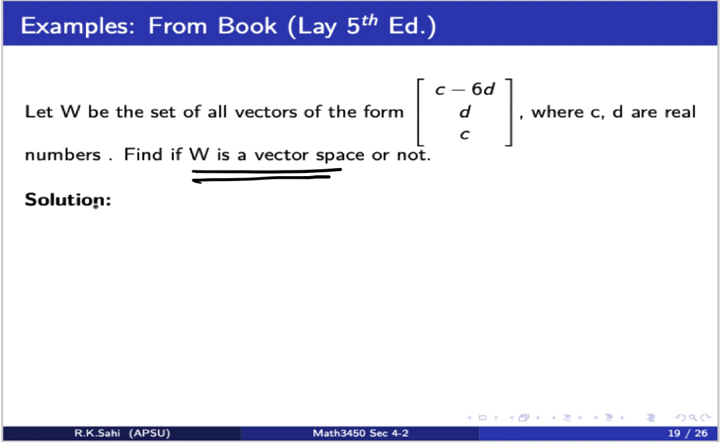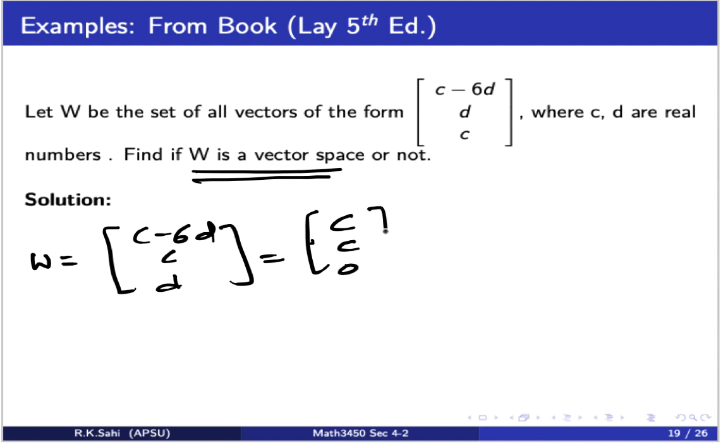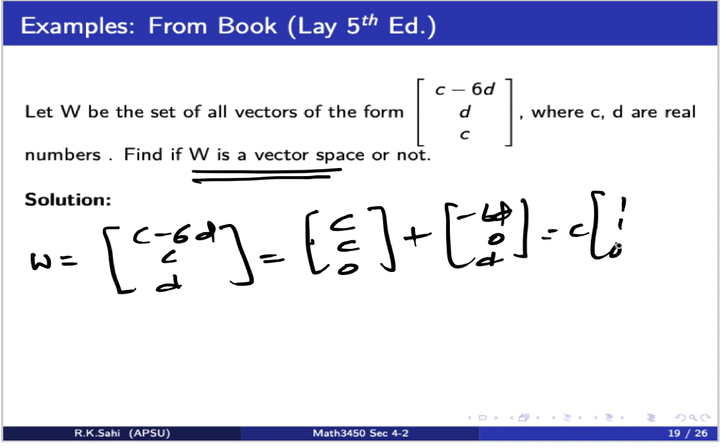Okay, so let's look at this C minus 6D. W has all elements of the form C minus 6D, C and D. Let's write it down. I can write this as C0 plus minus 6D, 0D, and taking the C out, I get 1, 1, 0, plus D out, minus 6, 0, 1. So clearly W can be written as all possible linear combinations of the vectors 1, 1, 0 and minus 6, 0, 1.